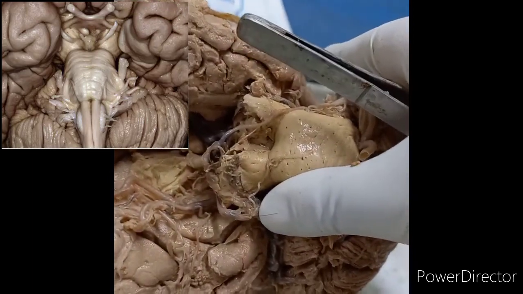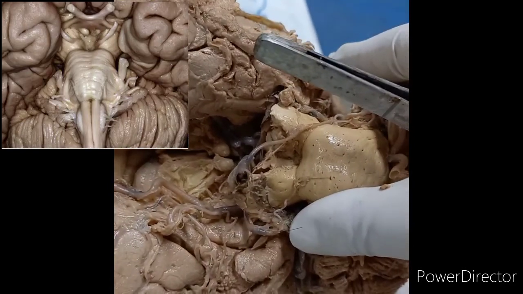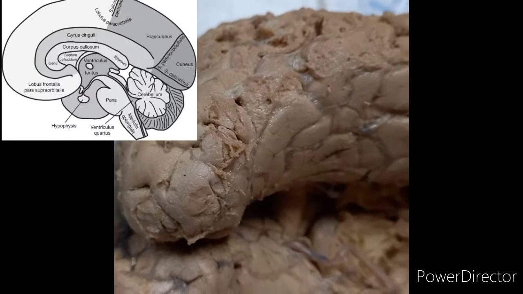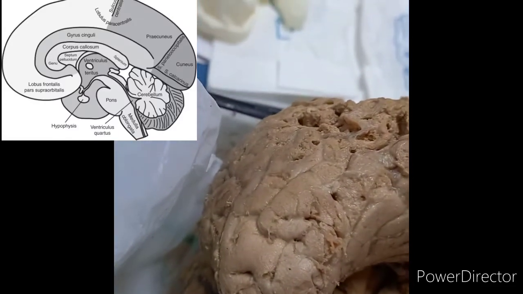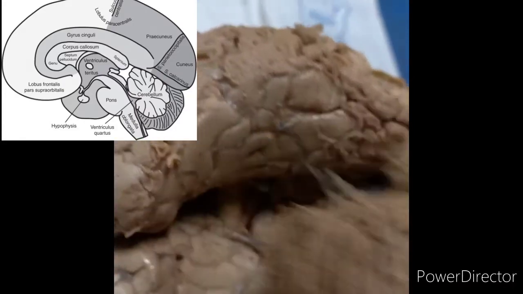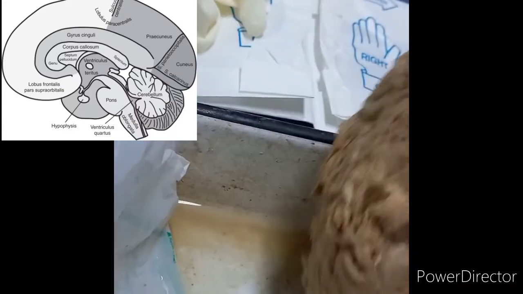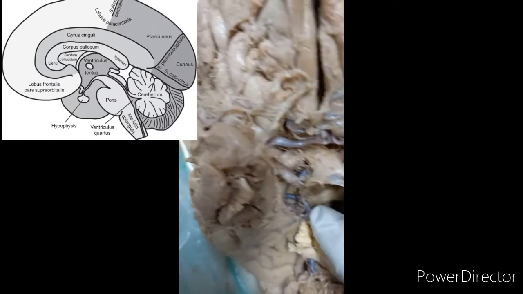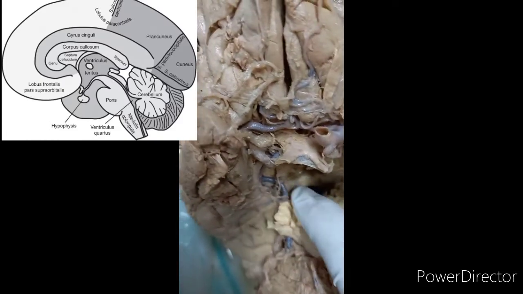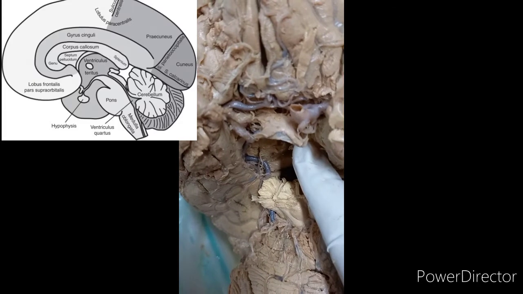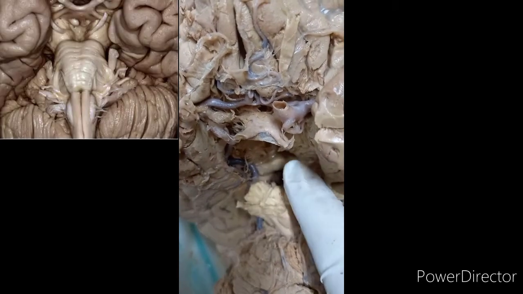Then superior relation. What is the superior relation of this midbrain? Midbrain is superiorly related with the splenium of the corpus callosum. So superiorly we can see it is forming the posterolateral boundary of the interpeduncular fossa.